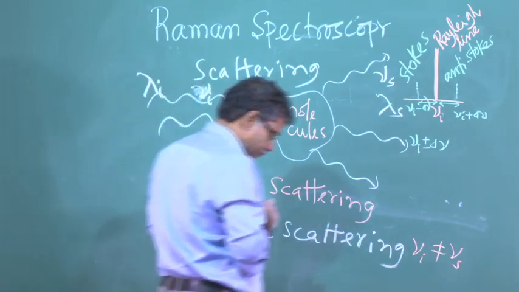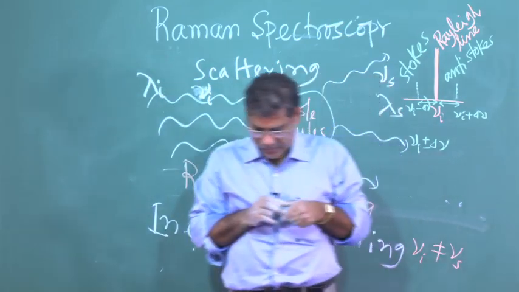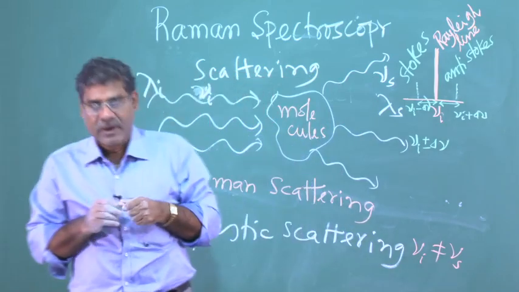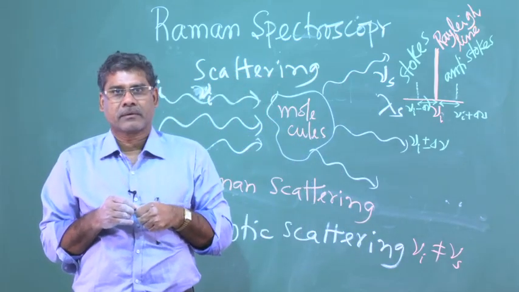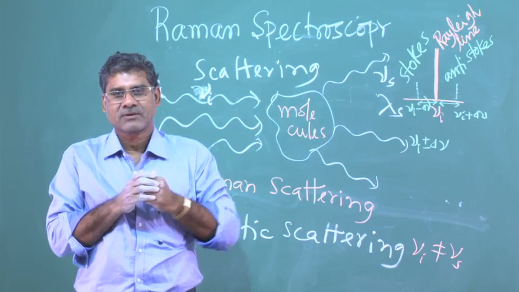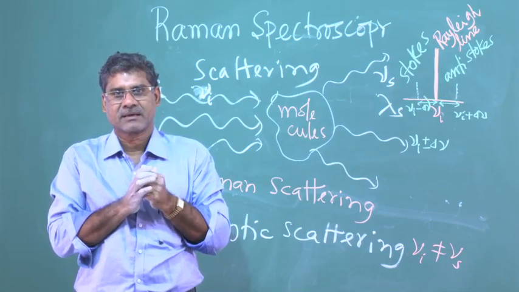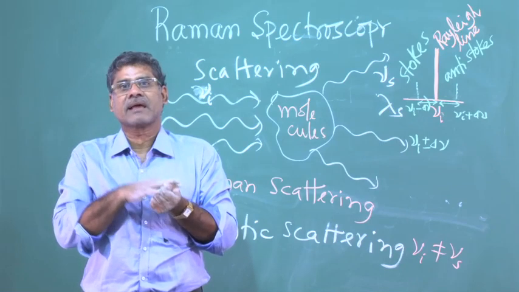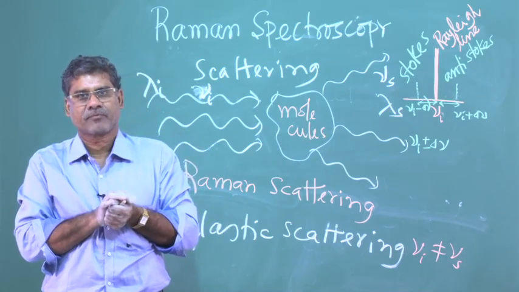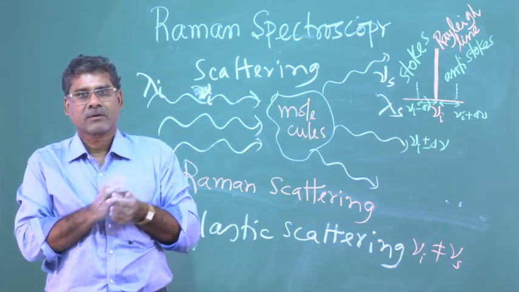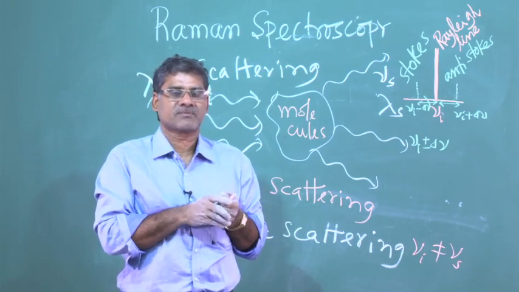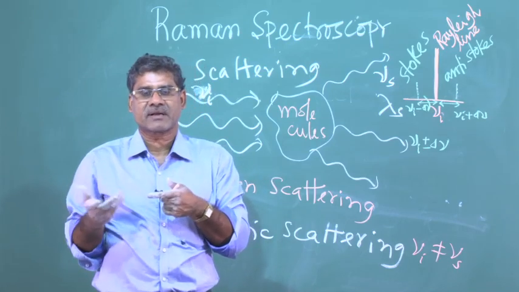Now, you see, one has to differentiate. It is related to the rotation and the vibration, that is fine, and we have also seen pure rotation and pure vibration of the molecules.